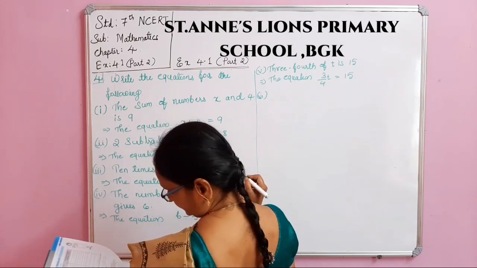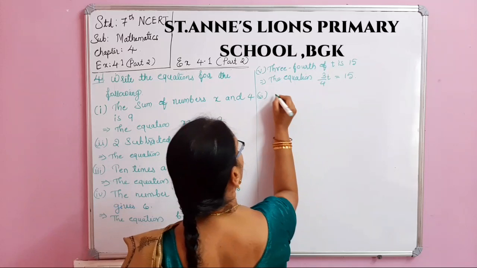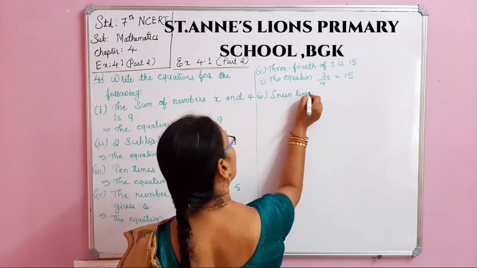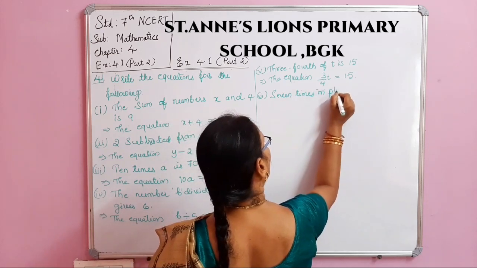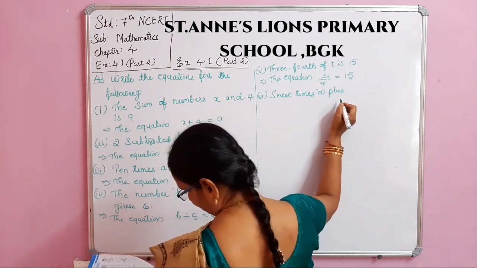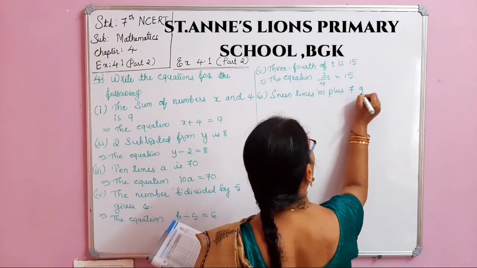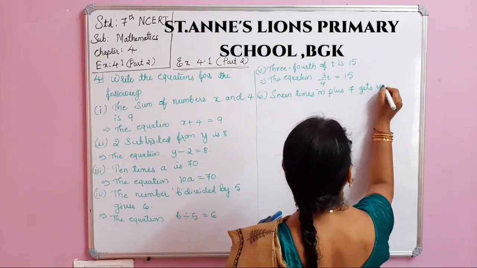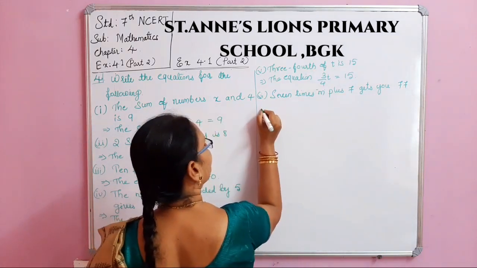Next, sixth one, 7 times m plus 7 gets you 77.